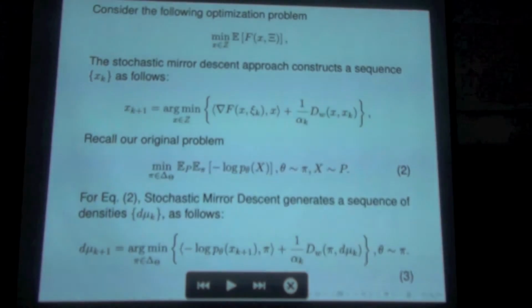So first of all, we can write this expectation with respect to pi as the inner product of minus log p_theta of x and pi, right? You see, this is a probability distribution and this is a value, so this is an expectation, right? Just by definition, this will be the integral of this thing, right?